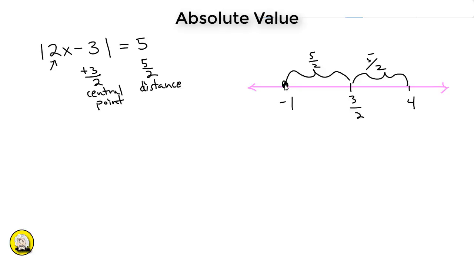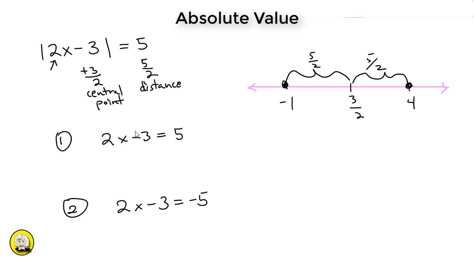And my solution set should then be x equals 4 and x equals -1. And now let's go through our tried and true solution of the positive and negative cases. 2x minus 3 equals 5. And the negative case, 2x minus 3 equals -5. So here I will add 3 to both sides.